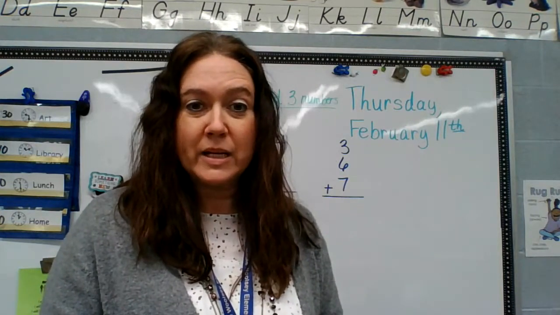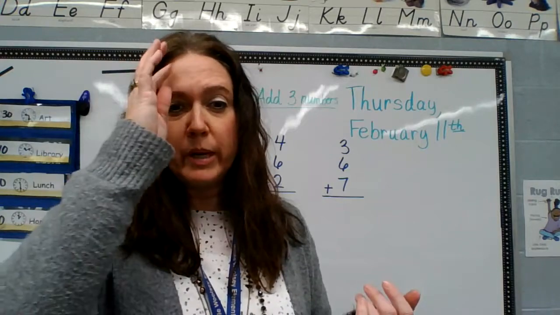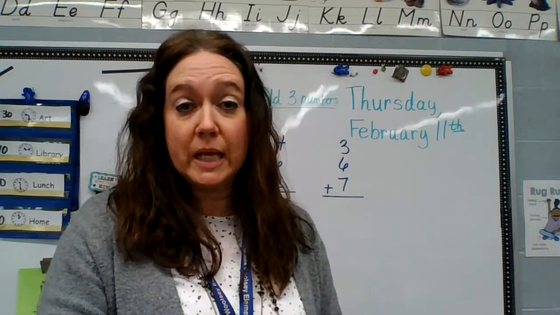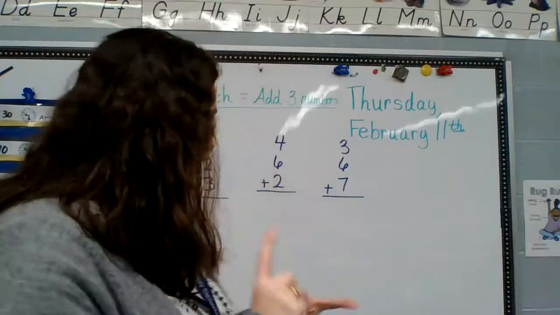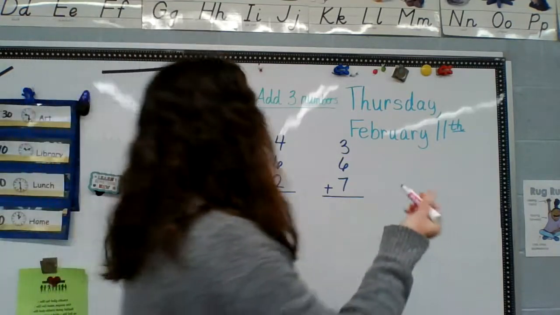When you're adding three numbers, it doesn't matter what order you do it in, but sometimes it's easier to think about adding doubles first. I'm going to write this over here.